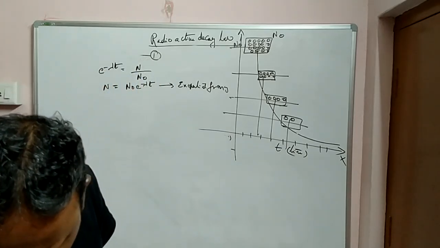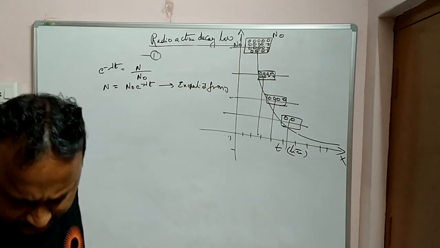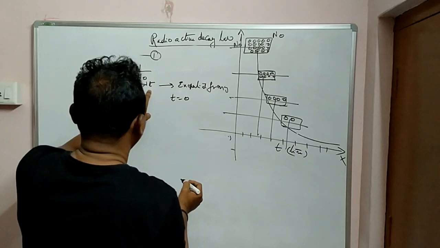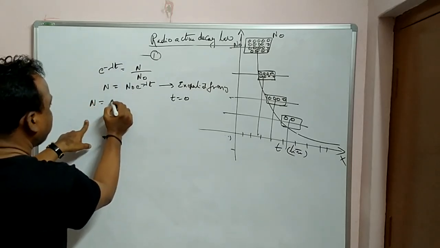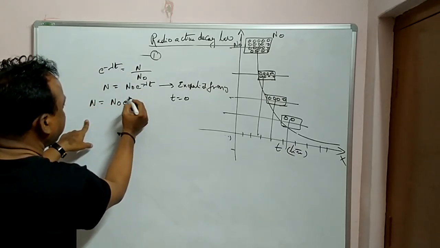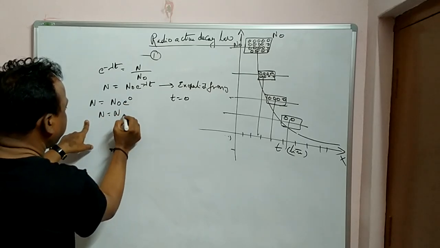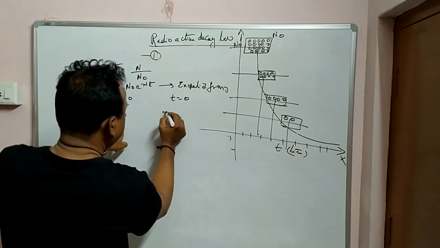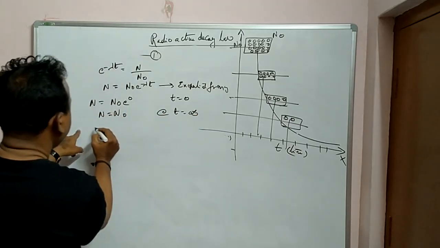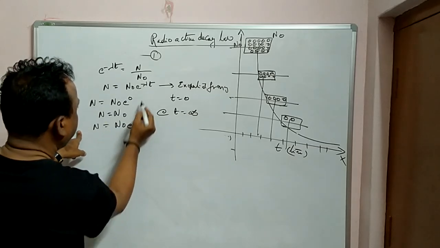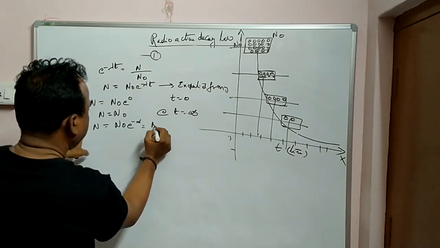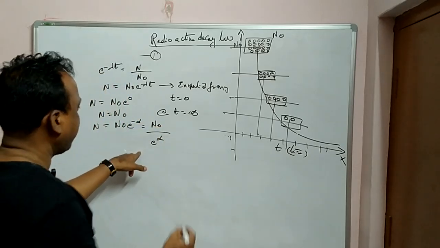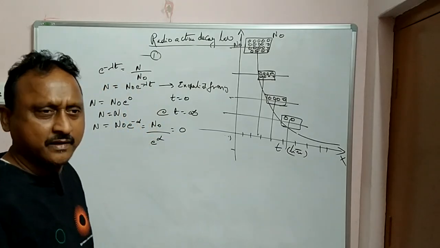Right. Now one more point here you have to understand. At t is equal to 0, if you put it here, what happens? E power 0 is 1, then N is equal to N0. At t is equal to infinity, N is equal to N0 into e power minus infinity, that is 1 by e power infinity, which is 1 by infinity, and that is 0.